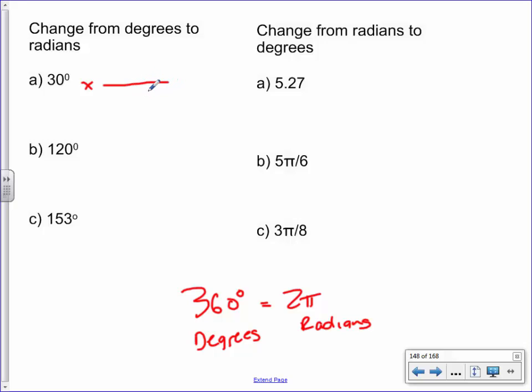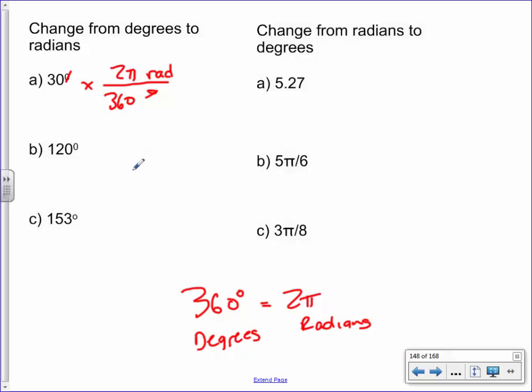I'm going to put a number on the bottom that has a degrees symbol so that this degree symbol and that degree symbol can cancel. And I'm going to put RAD, radians, on the top because then this degrees will cancel that degrees and you're left with radians. How many radians are there? Well, there are 2 pi worth of radians for every 360 degrees.